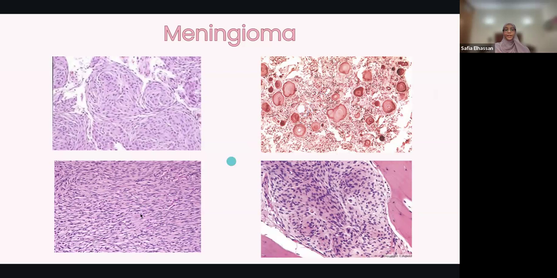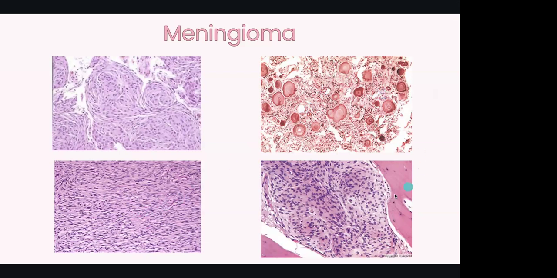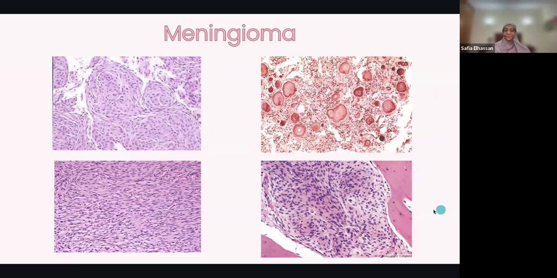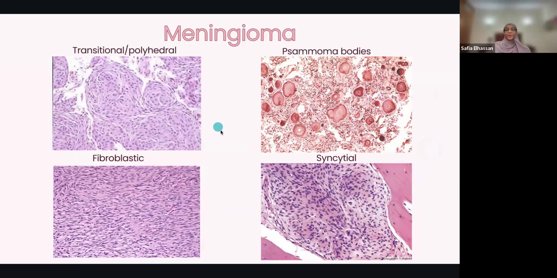Psammoma. Yes, correct. This one? Fibroblastic? Yes. And lastly, this one? Syncytial. Good job. Okay, so I know that these can get a little bit confusing, especially these 3 or these 2. So just to help you guys remember them.